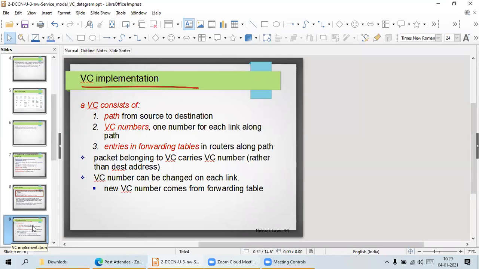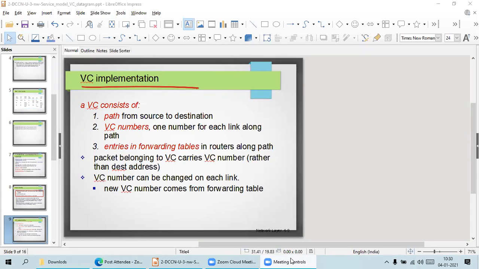Entries in the forwarding table in routers along the path. That means whenever I am transferring a particular call, the call history, your virtual circuit entry, must be logged in the forwarding table. I am making you remember all these things. Whenever I say call information, that history must be kept at the sender end and receiver end, as well as in your routers.